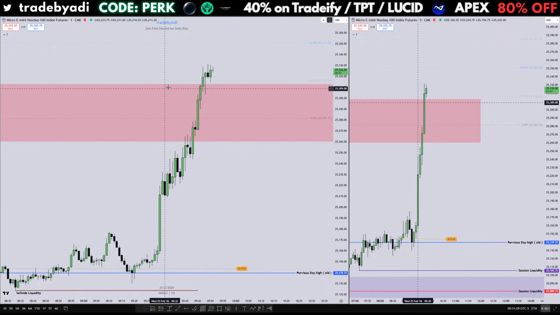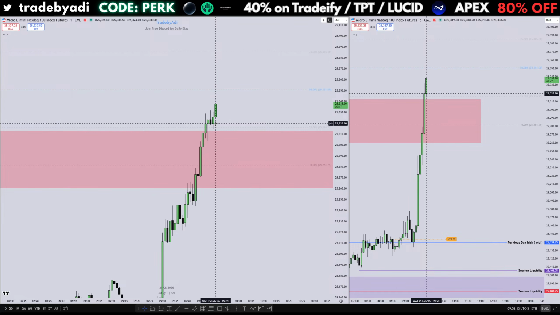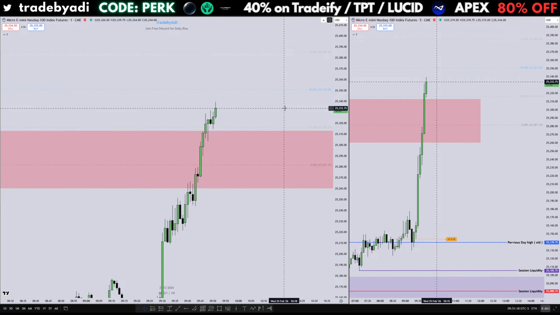We have flipped this gap completely, and right now we are taking a pause over here. I think the price is going to tap to the 50% level of the daily wick.